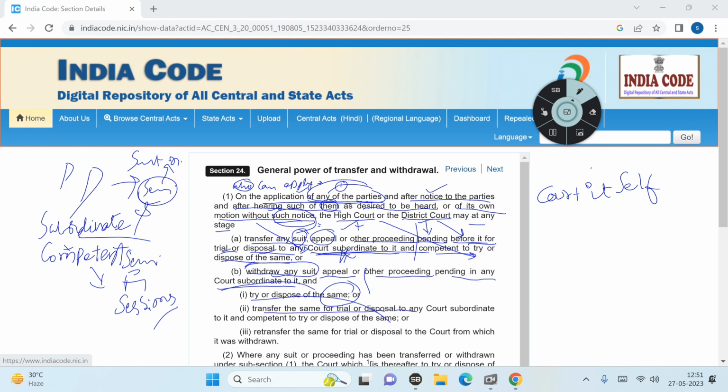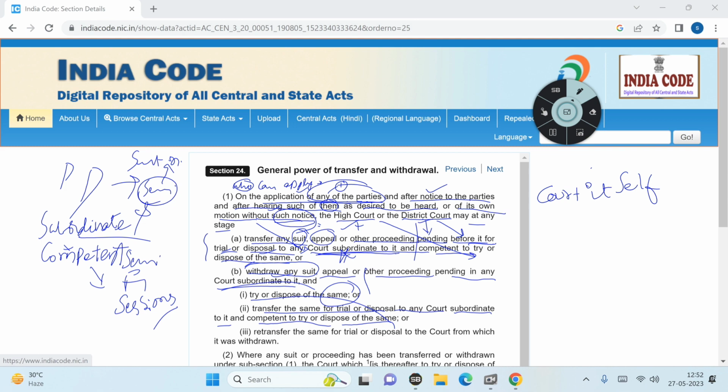Transfer the same for trial or disposal to any court subordinate to it, competent to try, dispose of the same. So what about this, transfer the same for trial or disposal to any court? After withdrawing, here this is different.